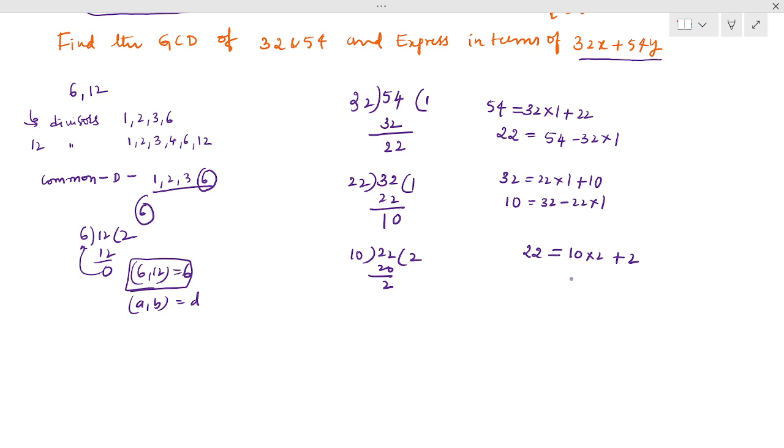Therefore, the remainder can be expressed as 2 is equal to 22 minus 10 into 2.